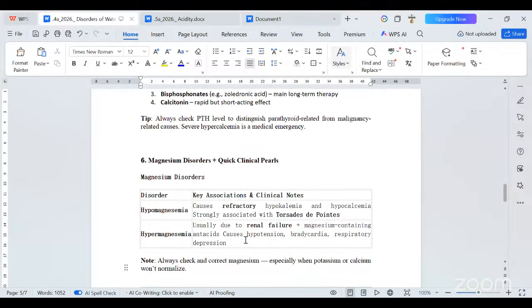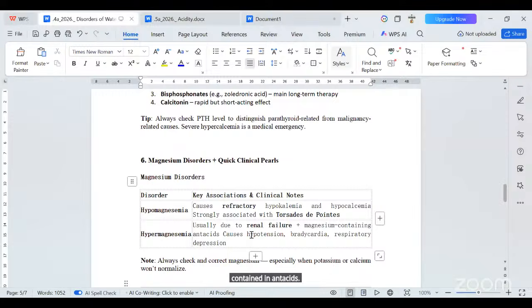So this table is giving us a quick check on the disorder type, and then for magnesium disorder, you have hypomagnesium. This is associated with hypokalemia and hypercalcemia. And then hypermagnesium is due to renal failure or magnesium contained in antacids.